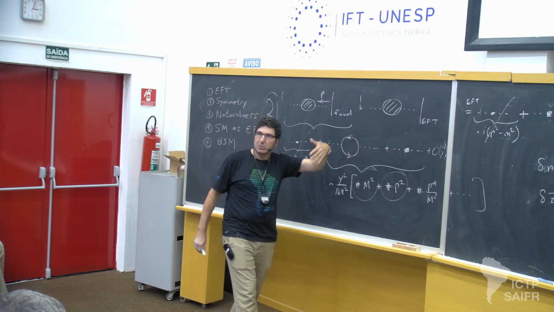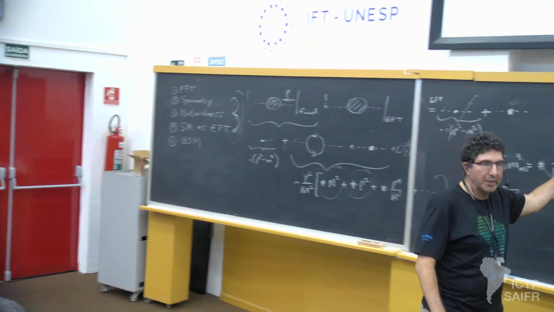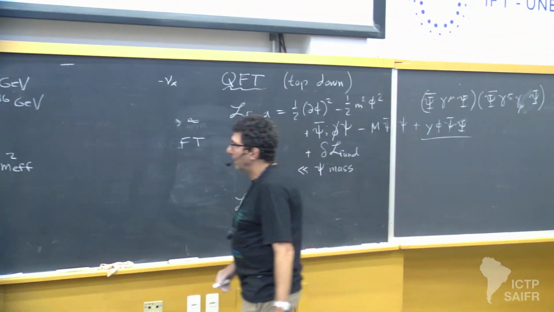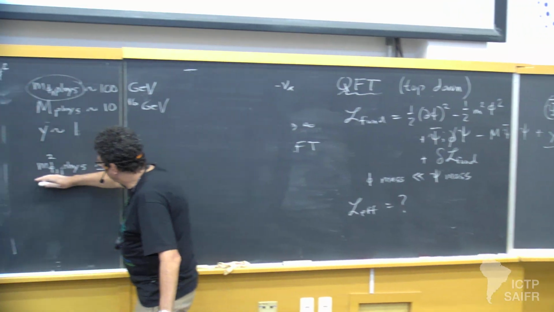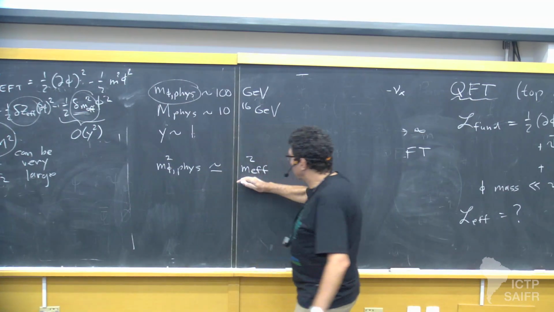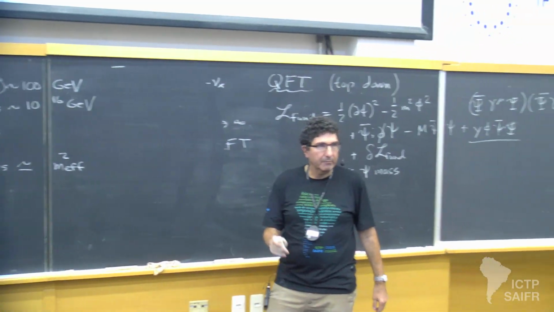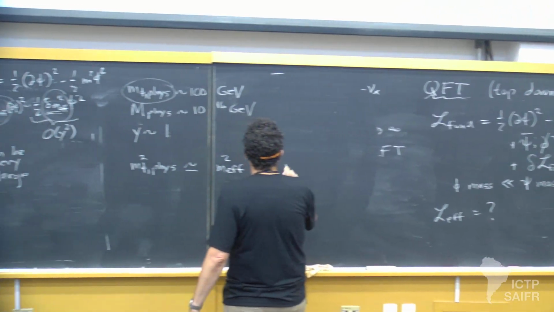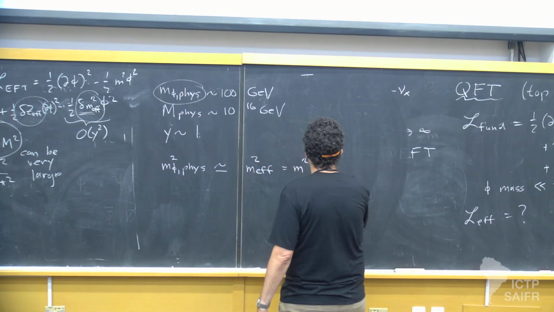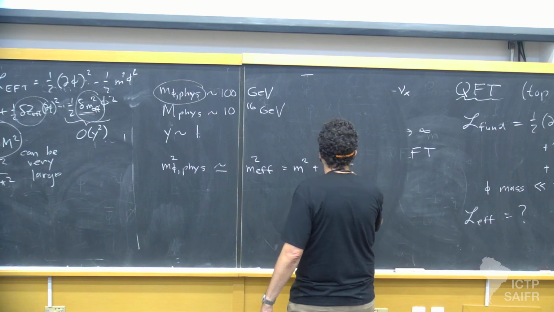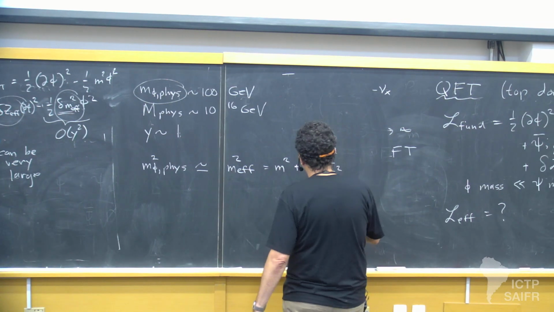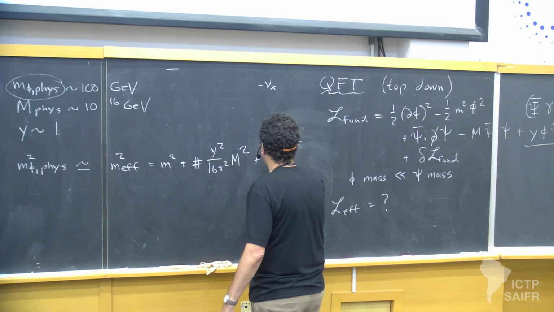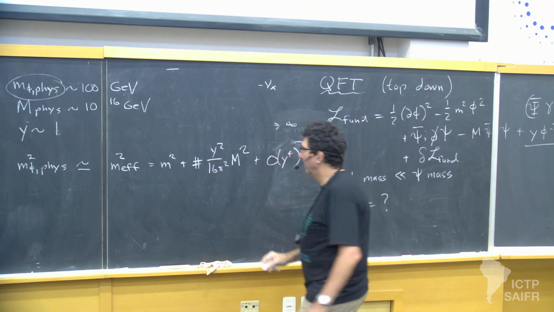I have some small loop corrections, but I'm not worried about small things. I'm worried about huge things, orders of magnitude. So the physical mass is well approximated by m squared plus my delta m squared, which is y squared over 16 pi squared, capital M squared, plus possibly some higher order corrections, order y to the 4th.